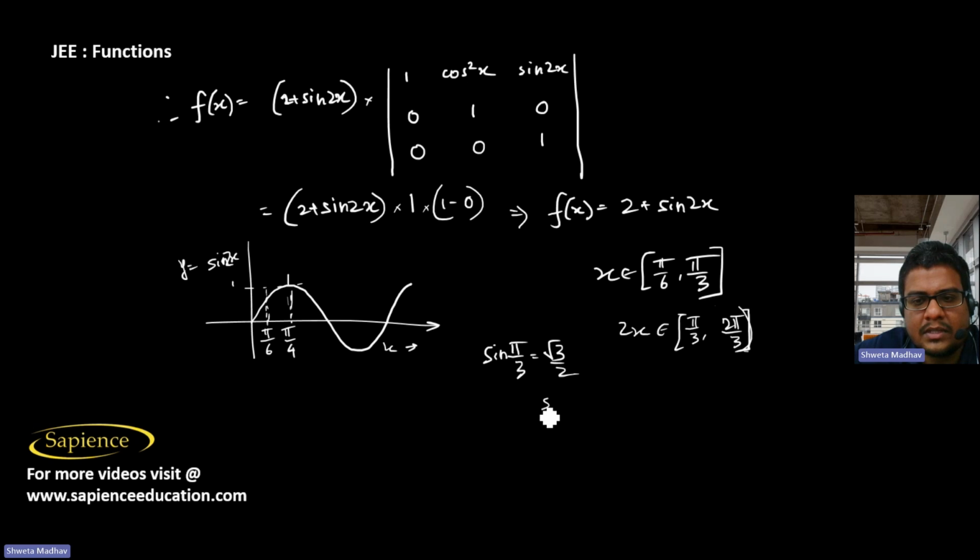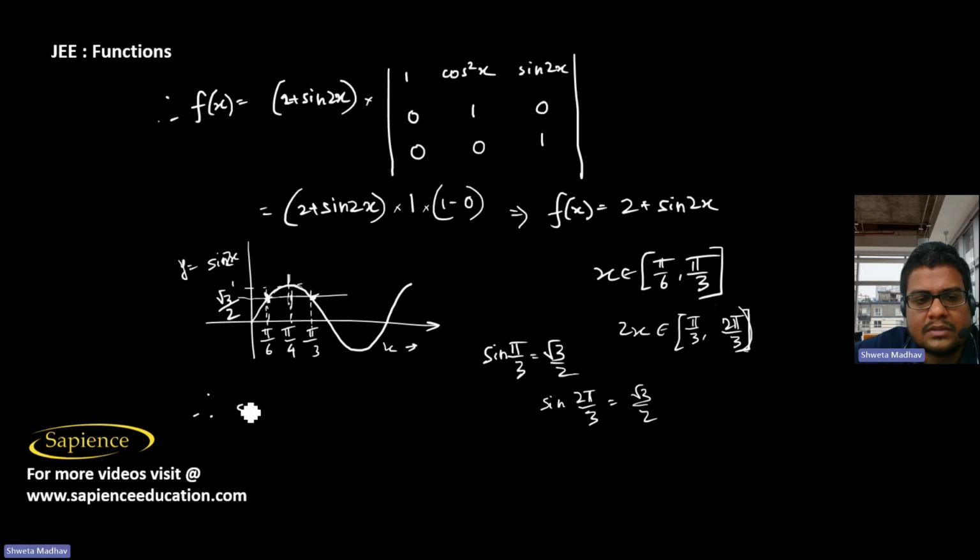And at sine 2 pi by 3, that will also be sine pi by 3, that is root 3 by 2 only. So the values are same, root 3 by 2, and the maximum value comes at pi by 4.